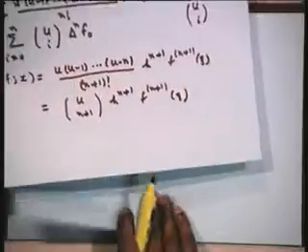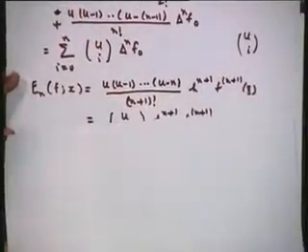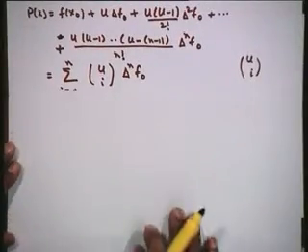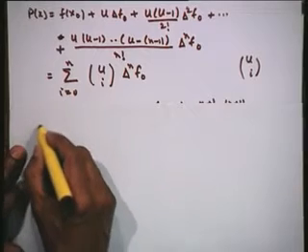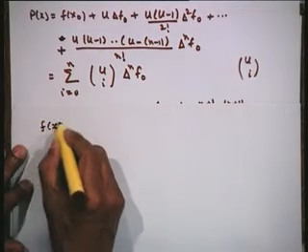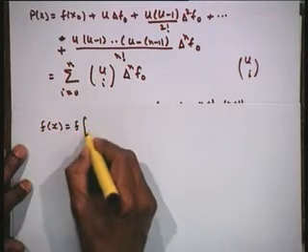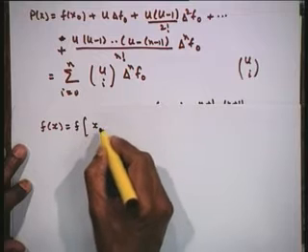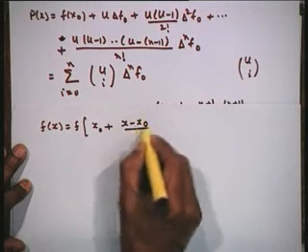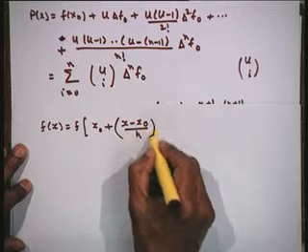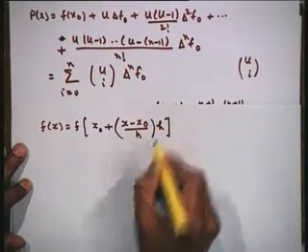Now, the derivation of the forward difference formula can be obtained in a very simple manner like this. Let us derive this formula in an alternative way. Let us write f x as f of, I want to use forward differences, so I will write this as x naught plus x minus x naught by h, that is my u, into h.